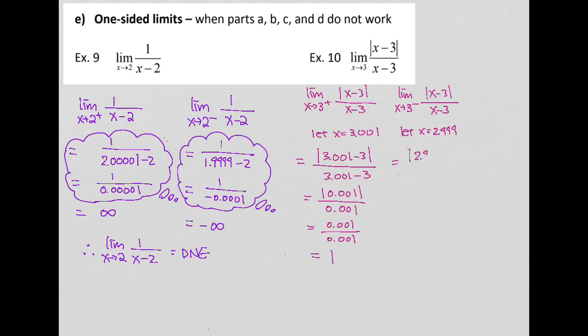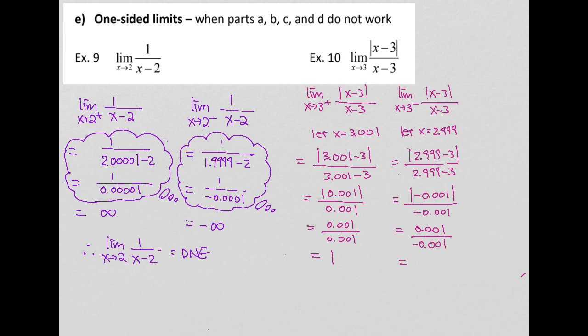Absolute value of 2.999 minus 3, over 2.999 minus 3. So this is going to be absolute value of negative 0.001 over negative 0.001. But because the numerator has an absolute value sign, that means we get rid of the negative sign, and divide by negative 0.001.